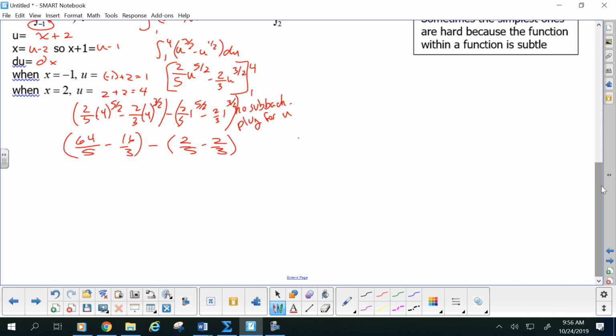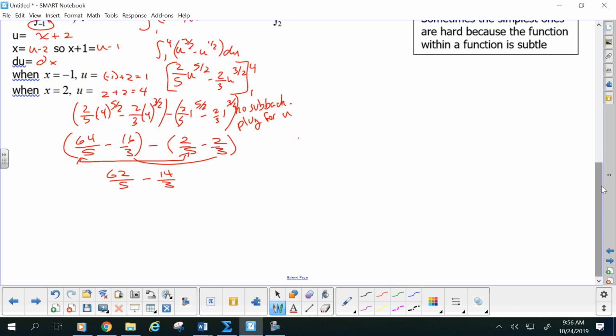in the second set. It's up to you if you combine and combine, but I find it much easier to combine like terms and then combine. So 64 fifths minus 2 fifths is 62 fifths minus 14 thirds, because it's minus -2, it's plus 2, so -16 plus 2 thirds. Very good?